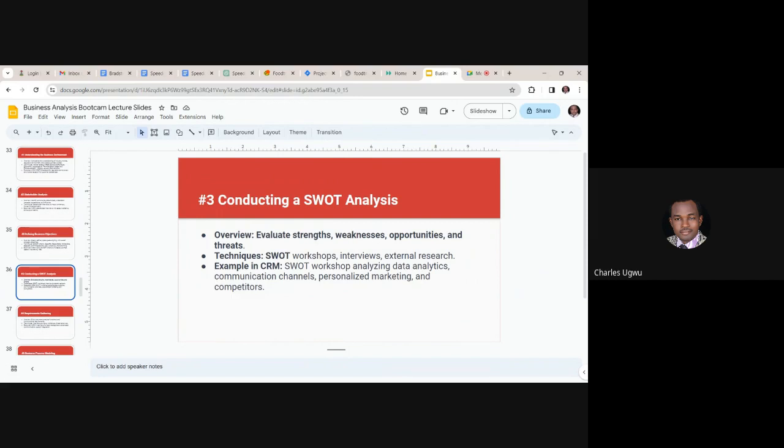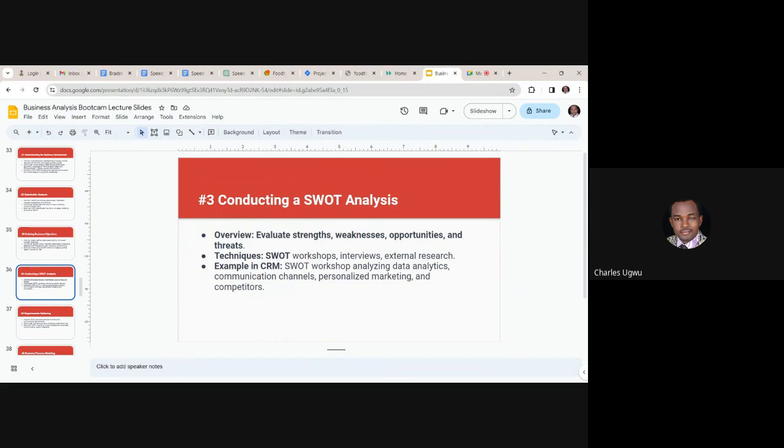So SWOT analysis can be applied in so many areas. It's not only in a simple project, even in every aspect of our business, we apply SWOT analysis to see the weaknesses.